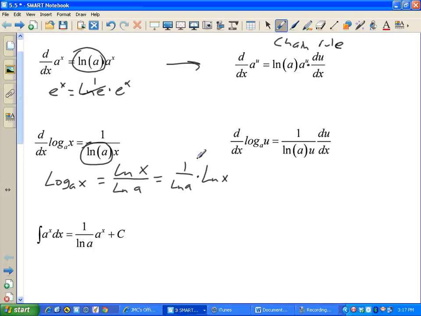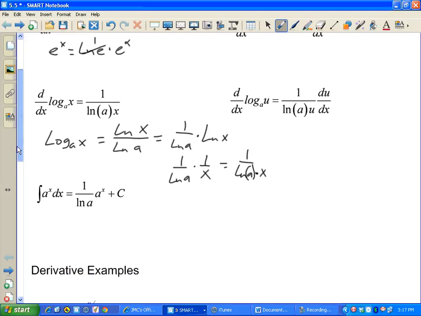Since this is a constant, when I go to take the derivative, it just stays like it is. And the derivative of ln of x is 1 over x, which brings me back to 1 over the ln of a times x, which is what we had up here. And of course, if we have something other than just x in here, we're going to have a u, and we're going to have to apply the chain rule to get our derivative.